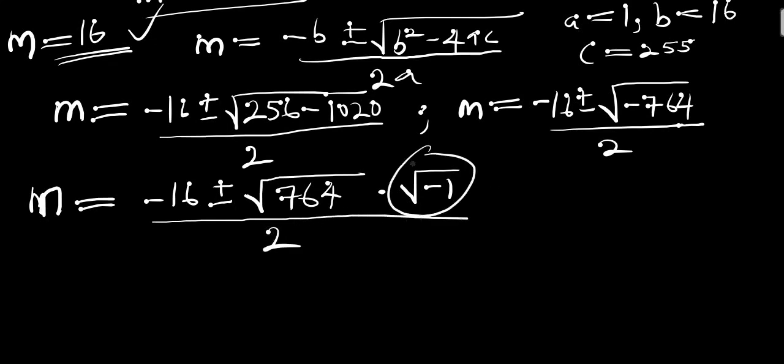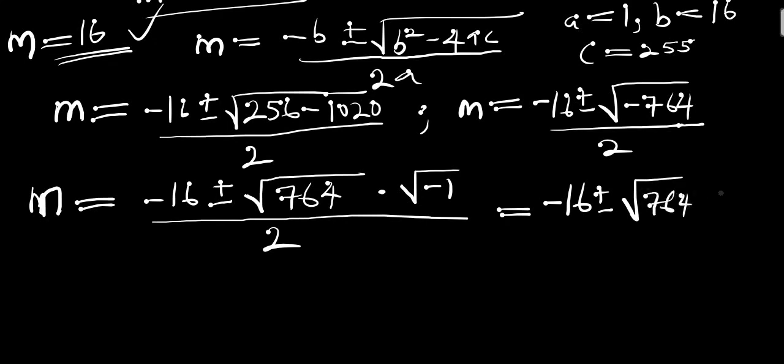So square root of negative 1 here is i. We are going to replace that with i. So we have negative 16 plus or minus square root of 764 times i divided by 2.